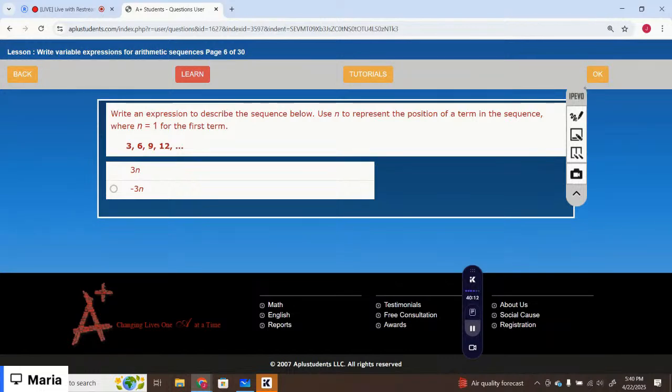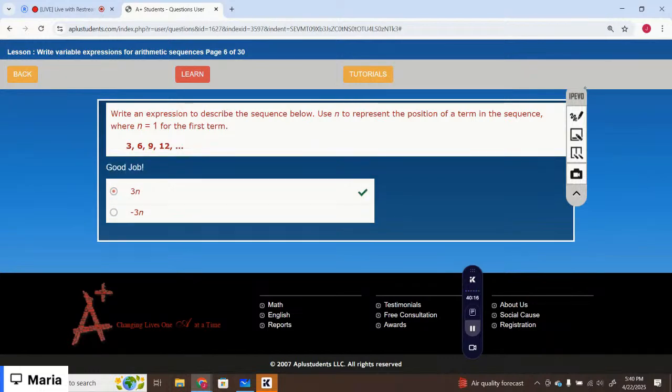Option number 1 is the correct option. That is 3n. Option number 1 is the correct option.